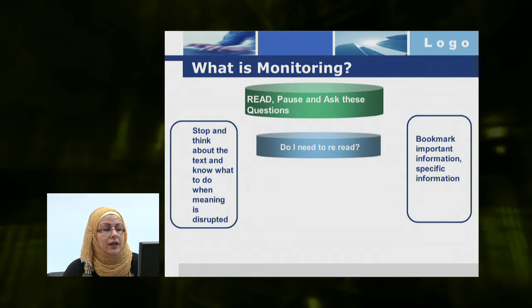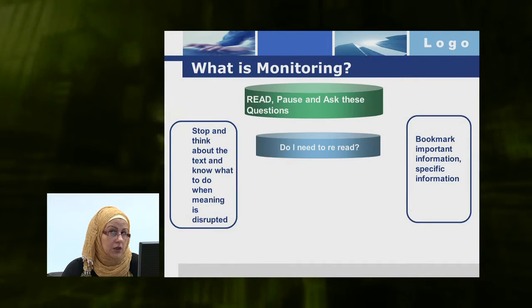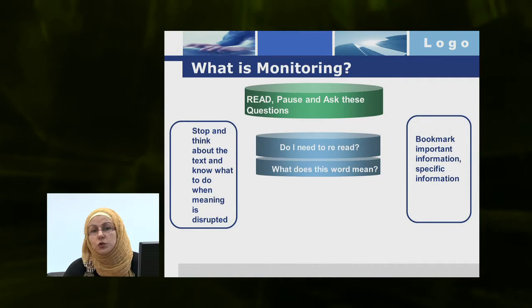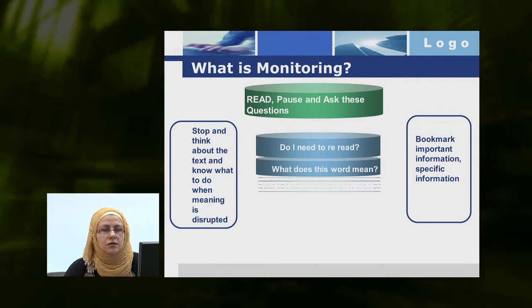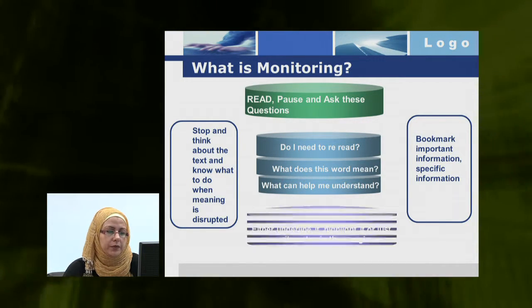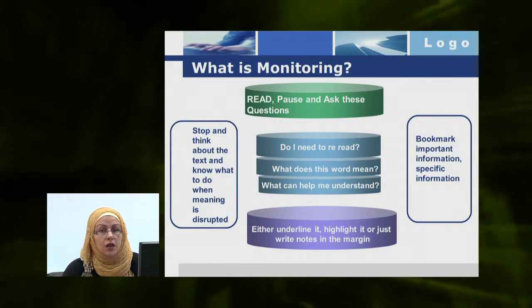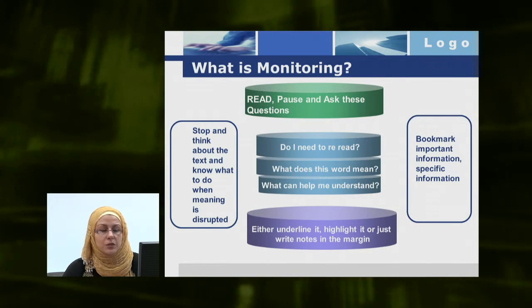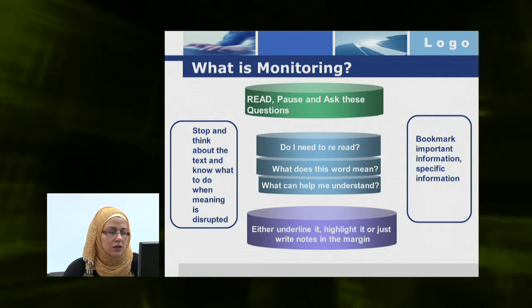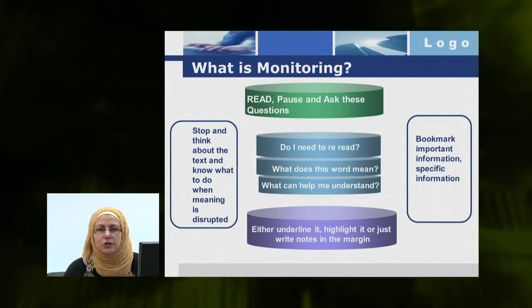For example, you need to ask, do I need to reread in order to understand better? What does this word mean? What can help me understand better? You can either underline the specific detail or highlight the information that you need, or just write notes in the margin while reading.